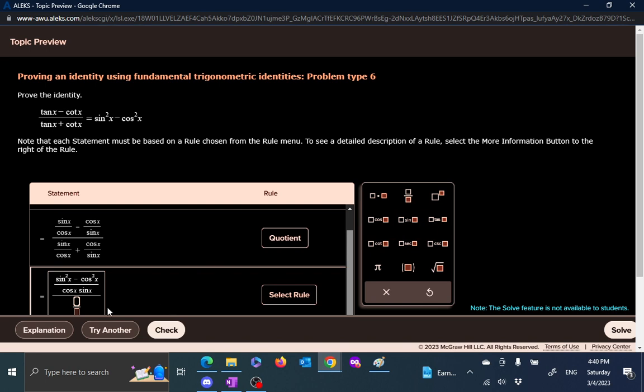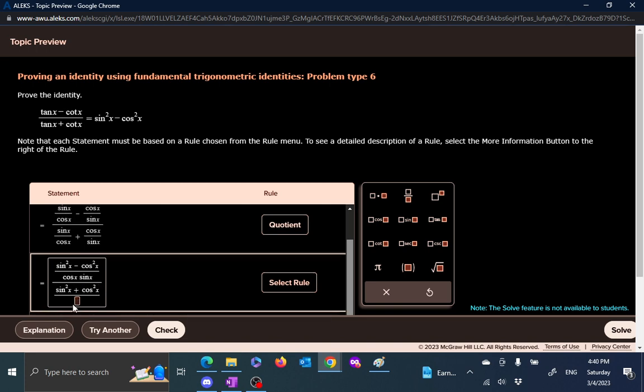So I make a fraction to do this portion. Sine times sine is going to be sine square. So let's write sine square of x plus cosine square of x, and the denominator of this thing again is cosine of x times sine of x.